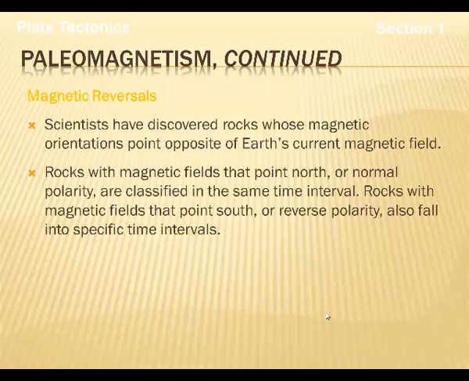When we discover rocks that have fields that point to the north, we call this normal polarity. And they are all classified into a single time scale. We also have found rocks that have fields that point south, and we call this reverse polarity.